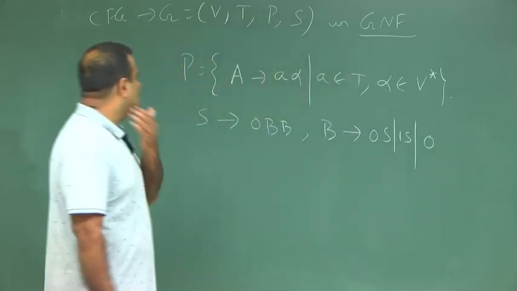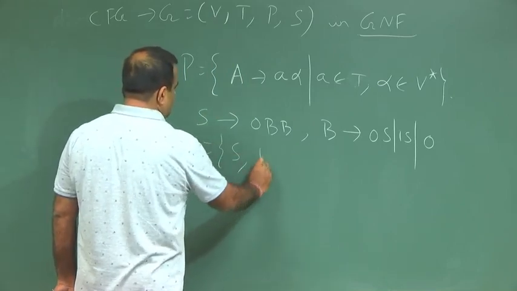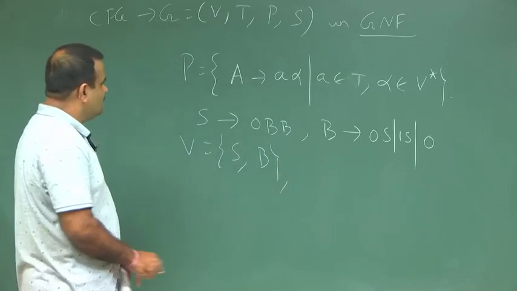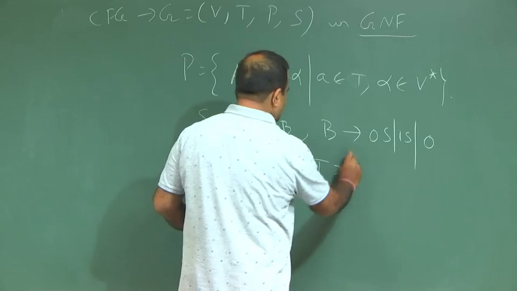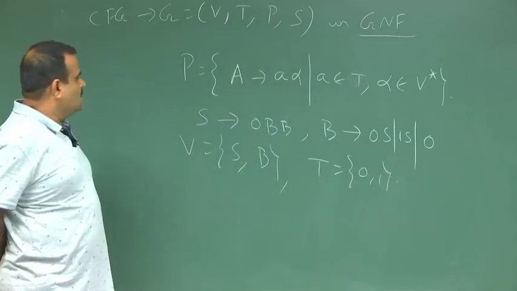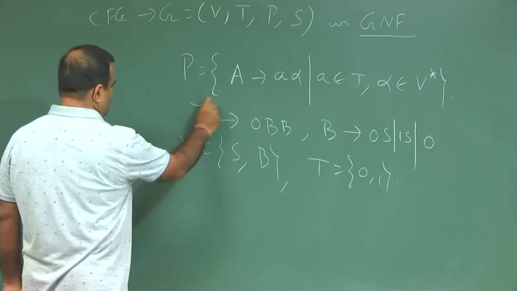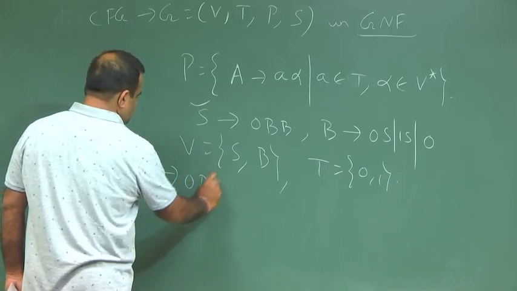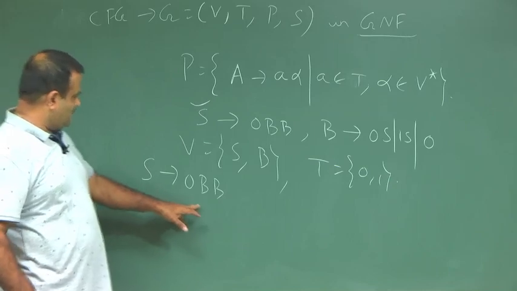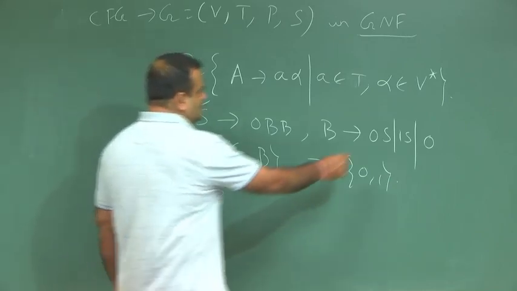Here we have two variables and the terminals are 0 and 1, and the productions are of this form: a variable goes to a terminal followed by a string of variables.